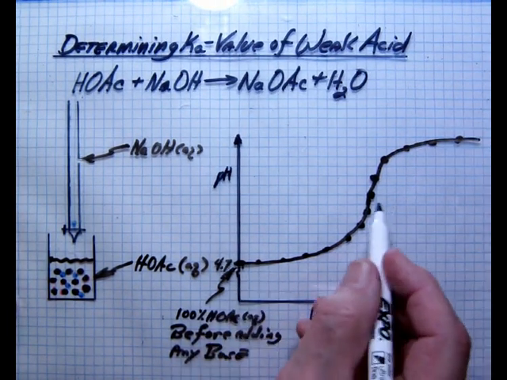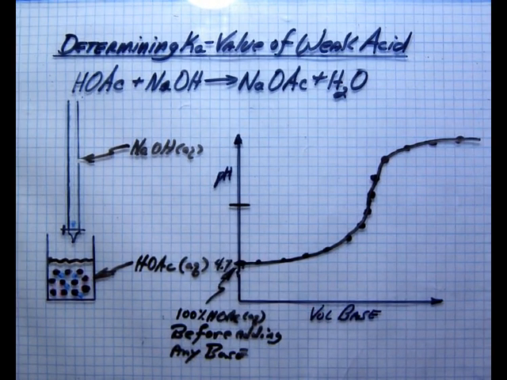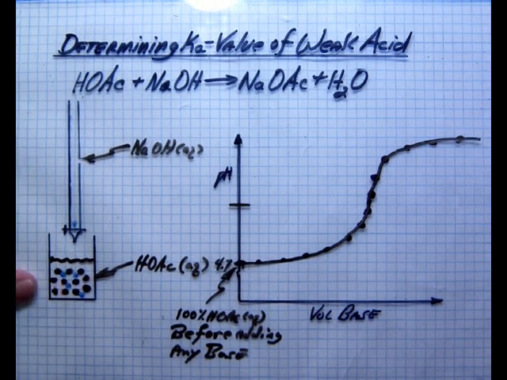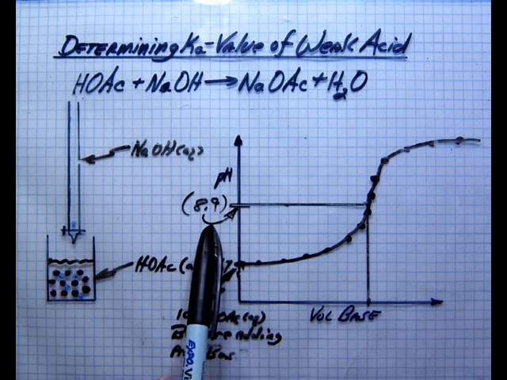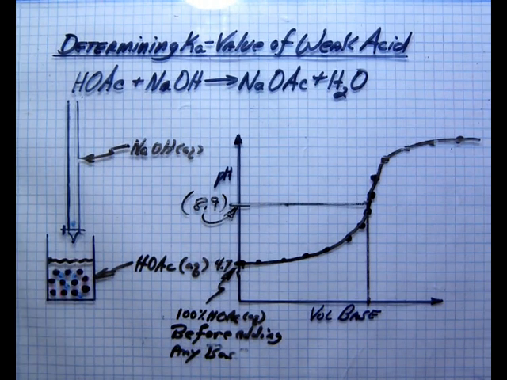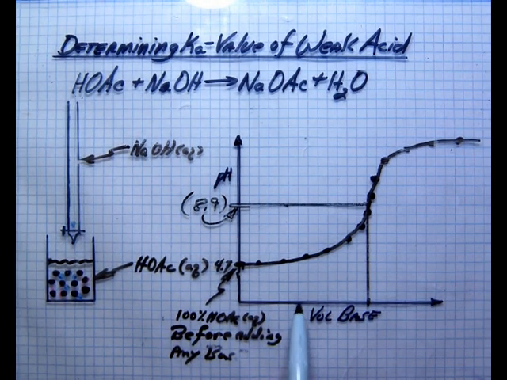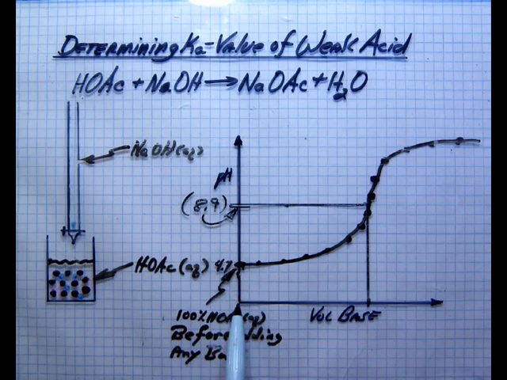Now, for the titration of sodium hydroxide into a weak acid like this, you will find the equivalence point at about 8.9 for acetic acid. Now, to use this data to determine a Ka value, you have to realize that we're going to use the point that's halfway between the equivalence point and the beginning of the titration.